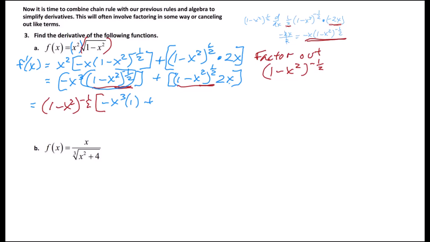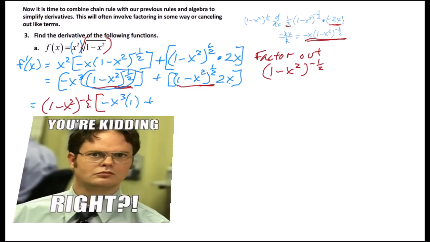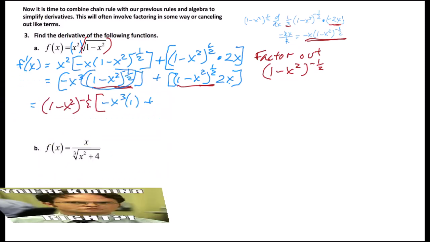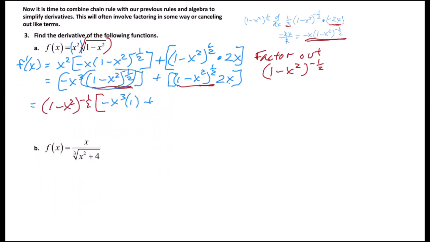Plus, here's where it gets a little more strange. If I take a negative 1/2 power out, I have to ask myself, what would I be leaving behind that I would be multiplying that 1 minus x squared to the negative 1/2 in order to get to the positive 1/2 power? I'm going to write it out here and let you think about this for a minute. I've still got my 2x.